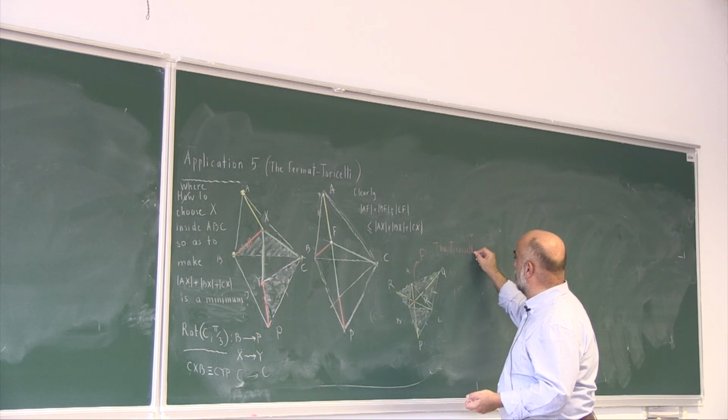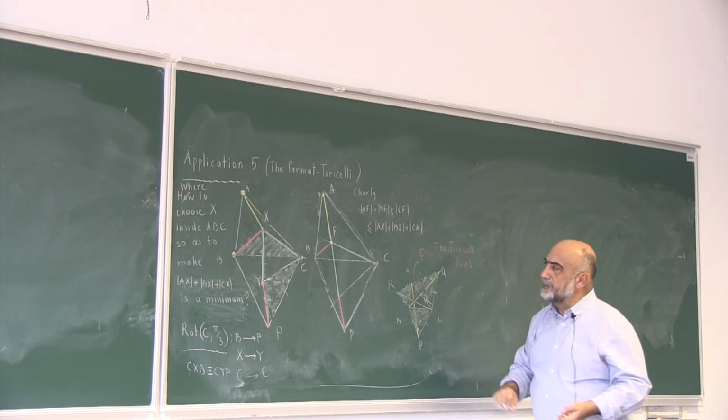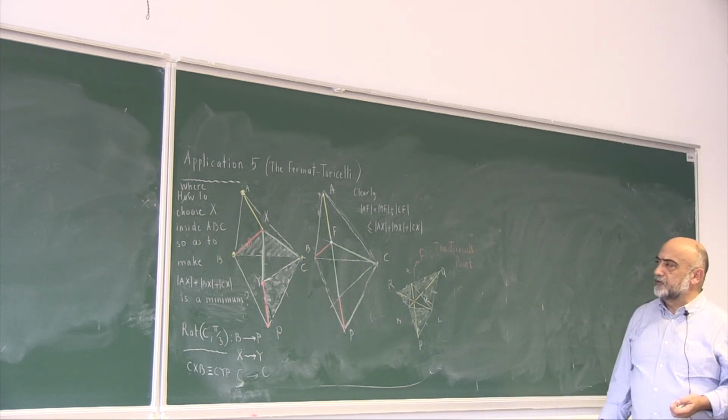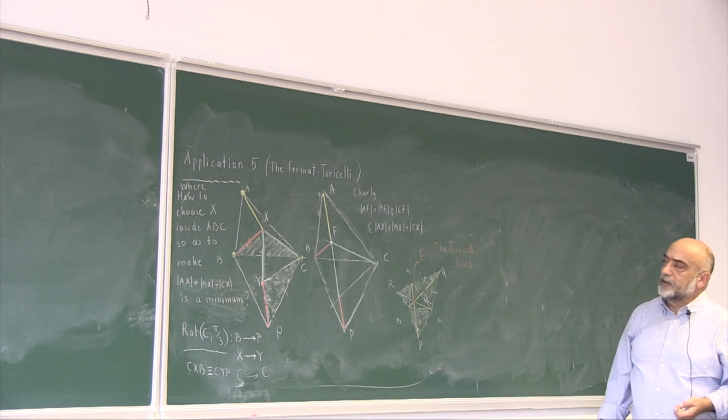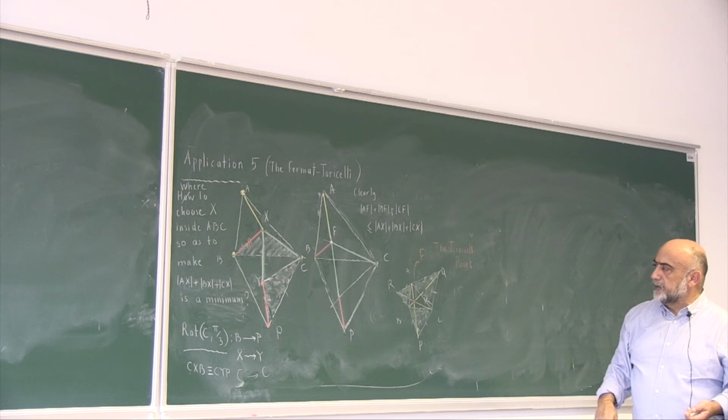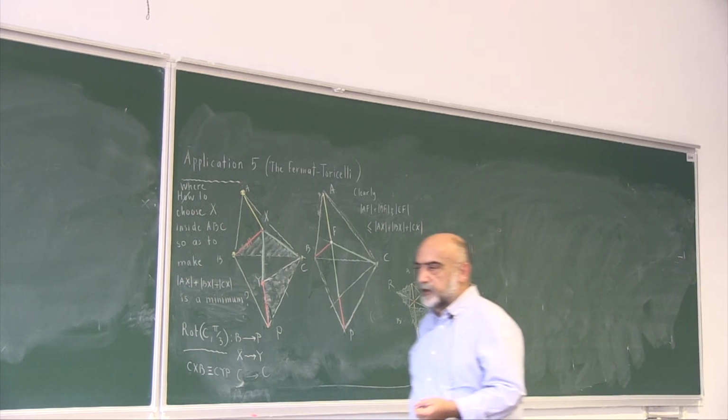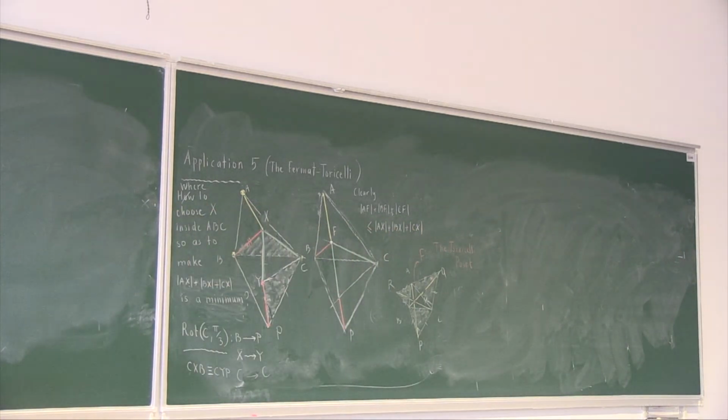Many people call it the Fermat-Torricelli point. So it really doesn't matter. It does matter because we know about this point because of the genius of Torricelli. But then again, Fermat is the person who proposed the problem.